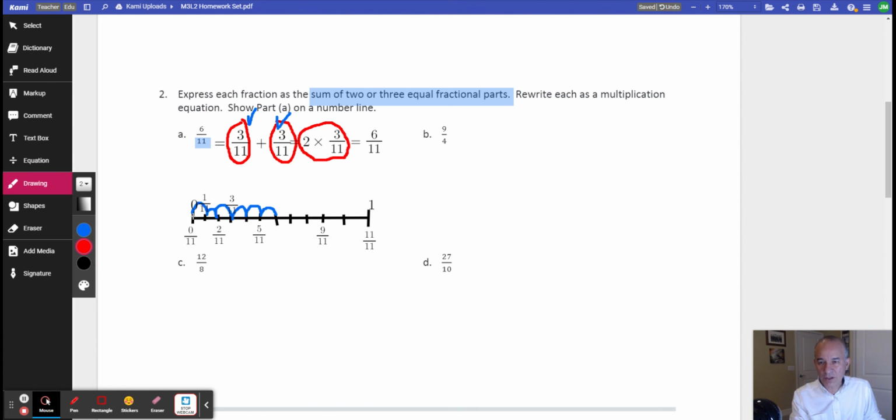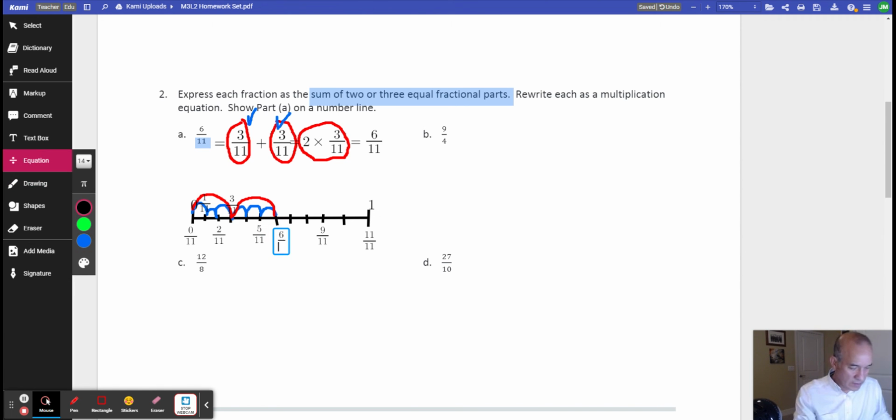Let me demonstrate with a longer jump. This will be 3/11 plus 3/11. It should equal 6/11, right? So let me get my equation tool and write 6/11. And this is, my friends, how you solve this problem.